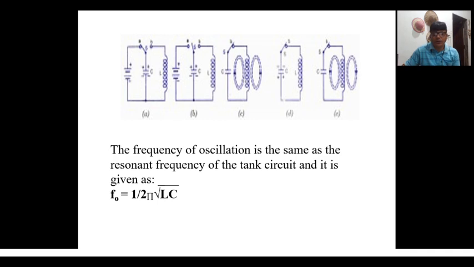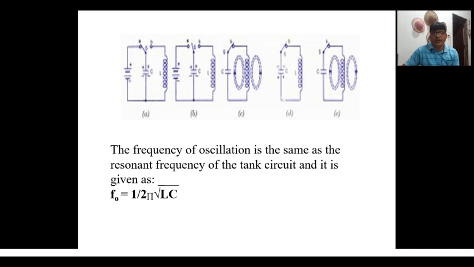Due to the inductive effect, the current builds up slowly towards a maximum value. When the circuit current becomes maximum, the capacitor becomes fully discharged. At this stage, the magnetic field energy around the coil is maximum. Once the capacitor is discharged, the magnetic field begins to collapse and produces a counter EMF or induced EMF.